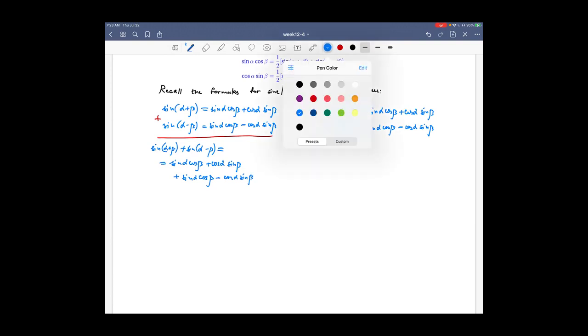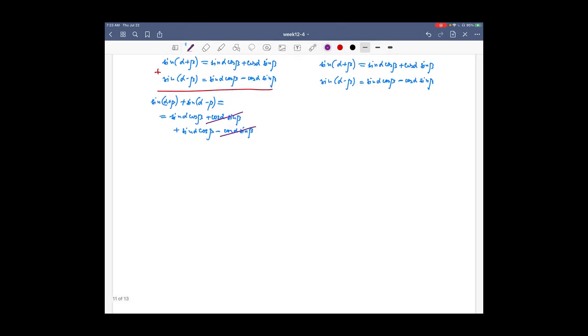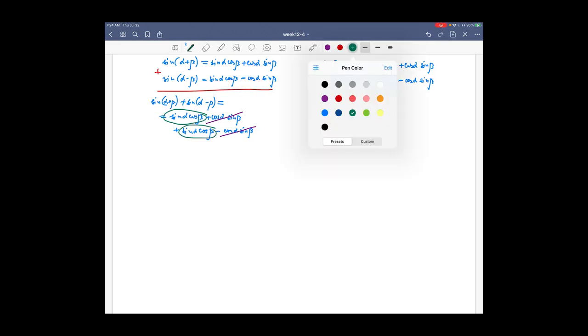And clearly, there are terms that cancel out, cosine alpha sine beta. These terms are identical. Combining them, we get 2 sine alpha cosine beta.